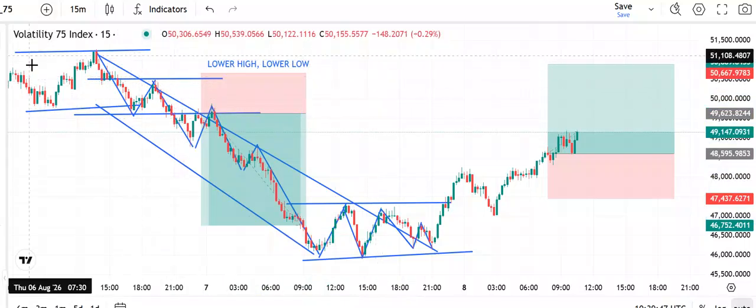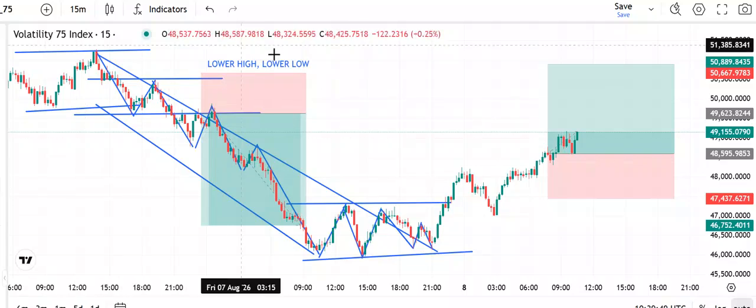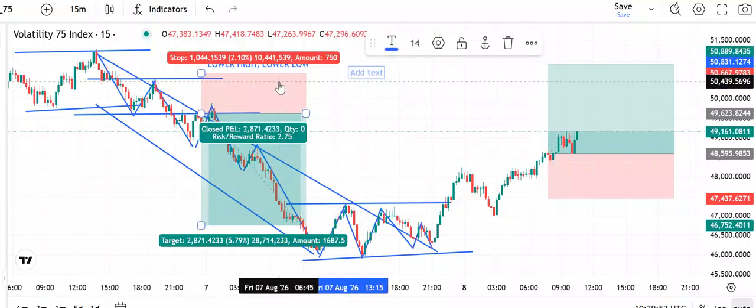Let me highlight it. The first step is 1, range breakout. 2, to identify pullback after range breakout.